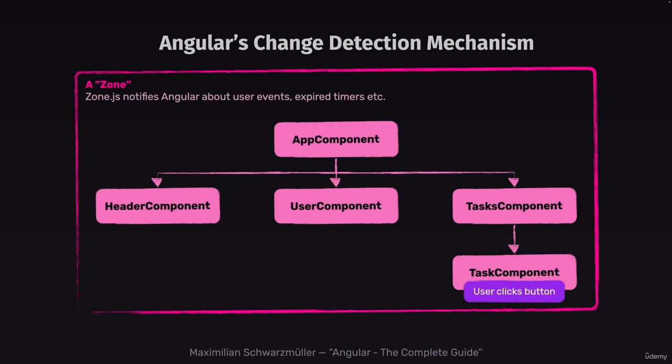And Angular checks whether that binding now produces a new value, a value that's different from what was visible before. And if that's the case, Angular updates the real DOM with that new value. That's how change detection works by default in Angular applications.